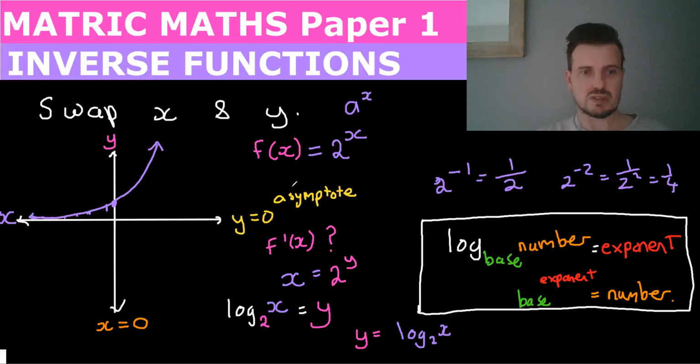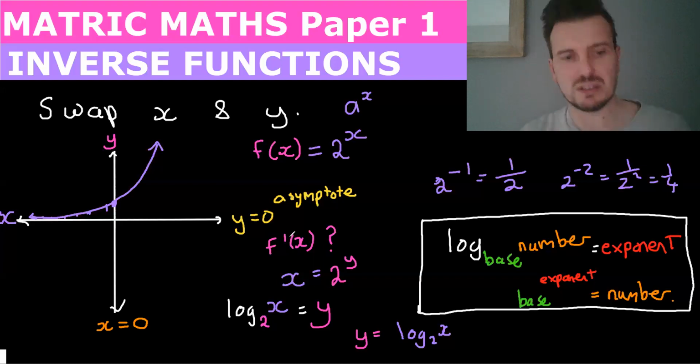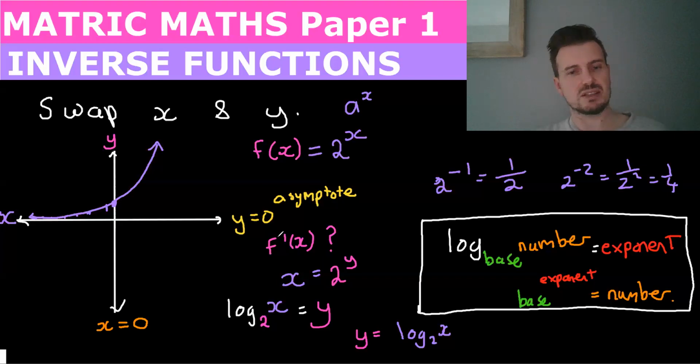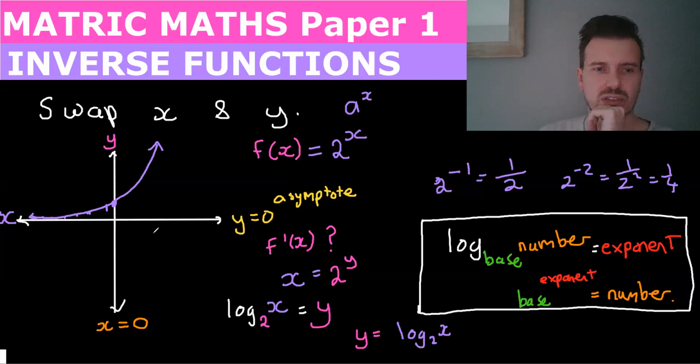Often they'll ask you, what's the asymptote of this graph? And you sit there trying to work it out. Don't worry. The asymptote of an inverse graph is the opposite of the original graph. So if you've got y equals 0 in the first case, we've got x equals 0 as our other asymptote.